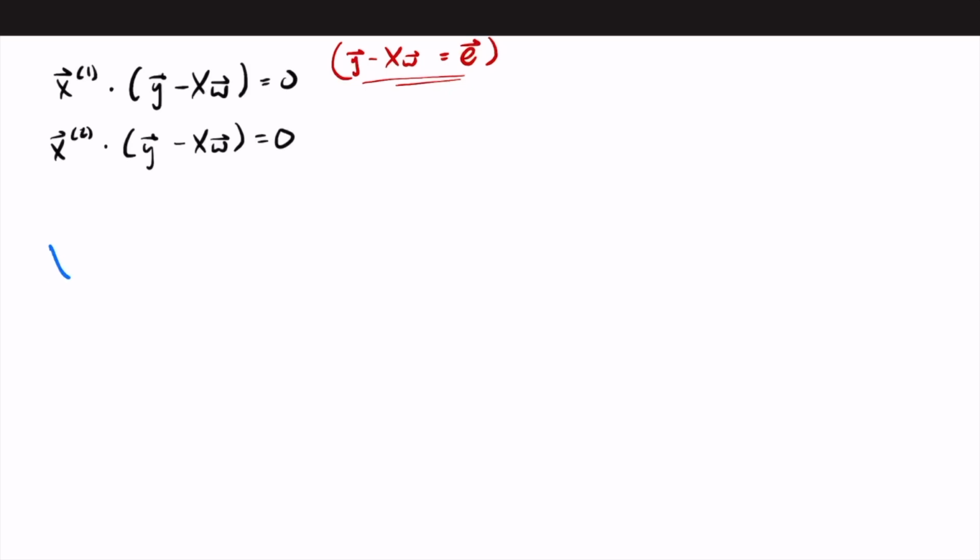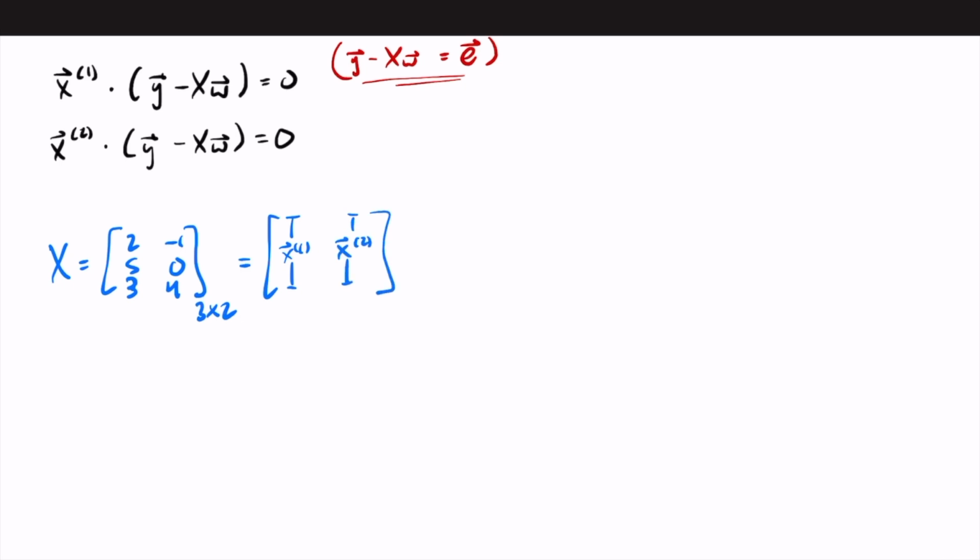We have x, which equals 253, negative 104. Okay, so this is a 3x2 matrix, and we're saying this is essentially equivalent to our individual x1 vector and our x2 vector, right?